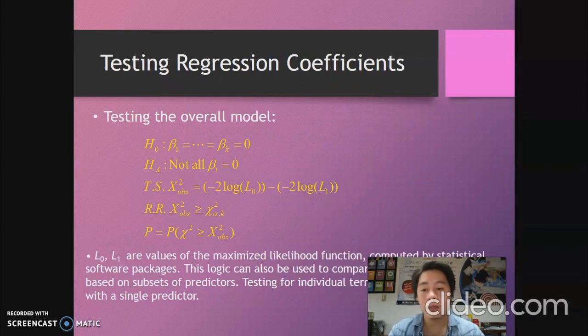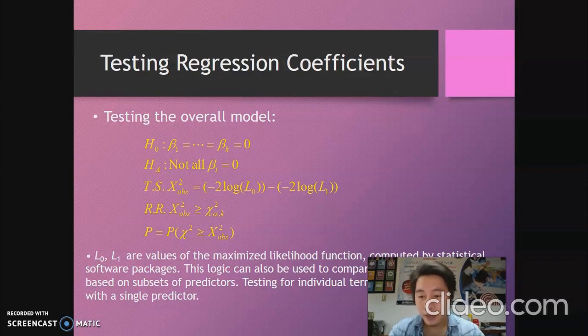Testing the overall model. H0: coefficient 1 equals coefficient k equals 0. HA: not all coefficient i equal 0. The chi-square statistic equals negative 2 log L0 minus negative 2 log L1, and so forth.